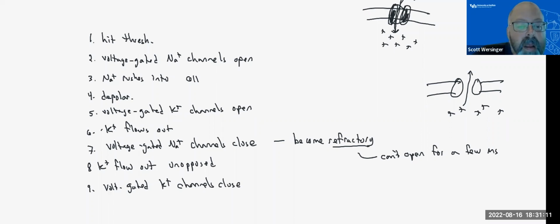Now, I told you that they overshoot a little bit. So instead of stopping at -70, a little bit too much potassium flows out, and we're at -75. Over time, the excess potassium that flowed out diffuses away and has no impact on the membrane potential.